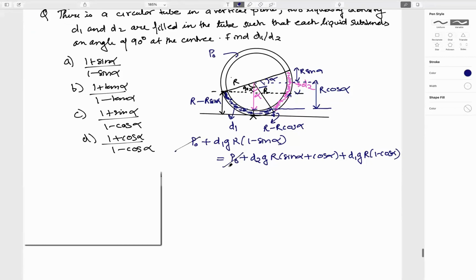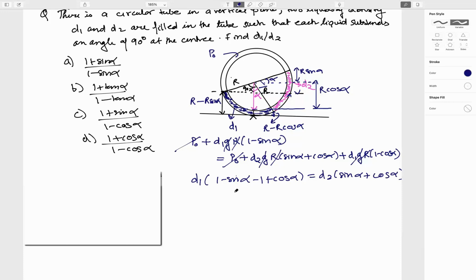P naught will cancel out. So let's take D1 g together. g also cancels out, R also. So what we get is D1 times 1 minus sin alpha minus 1 plus cos alpha is equal to D2 times sin alpha plus cos alpha.